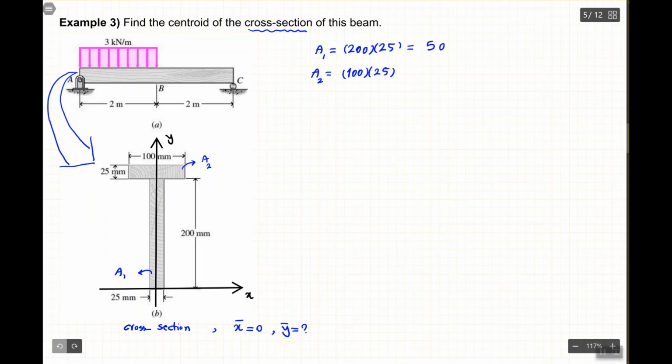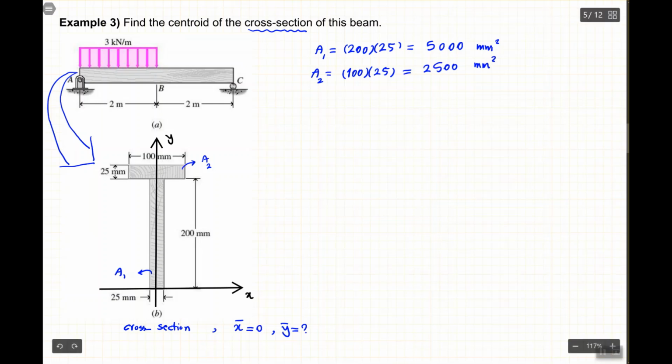So this one gives me 5,000, and my unit is millimeter squared, and this one gives me 2,500 millimeter squared.